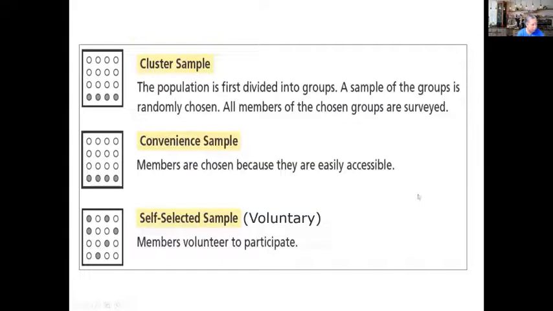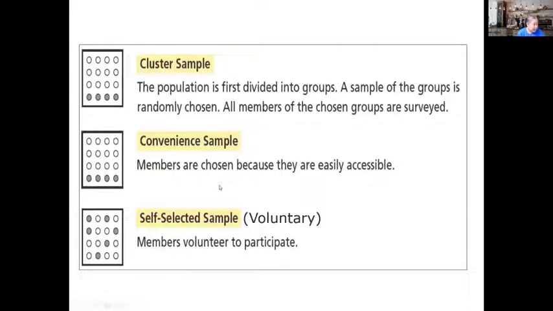And there are 3 more. There's one called a cluster sample. It's the same as the previous one, divided into groups, but a sample of the groups is randomly chosen. So you choose one of the groups that you already divided, right?